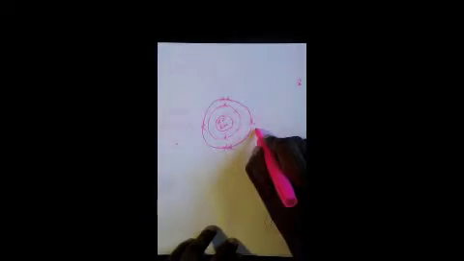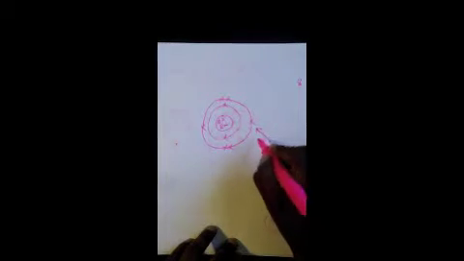So we have 1 proton, 1 neutron, and it has only 1 electron in the outer layer. So this 1 electron right here is going to be attracted to that point, and then it's going to be shared with that.